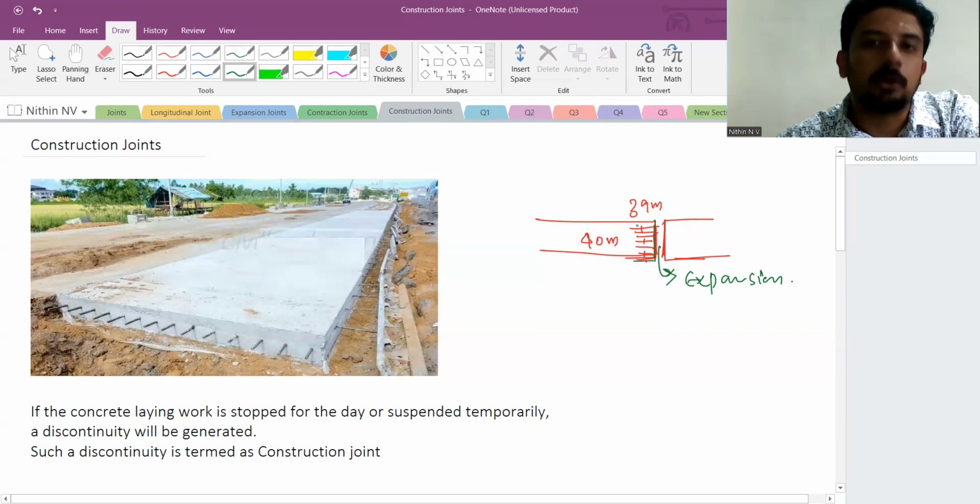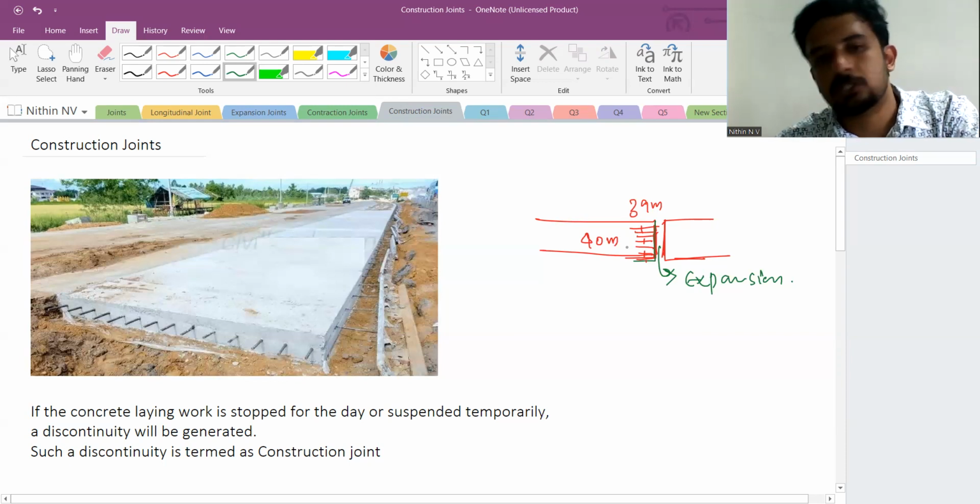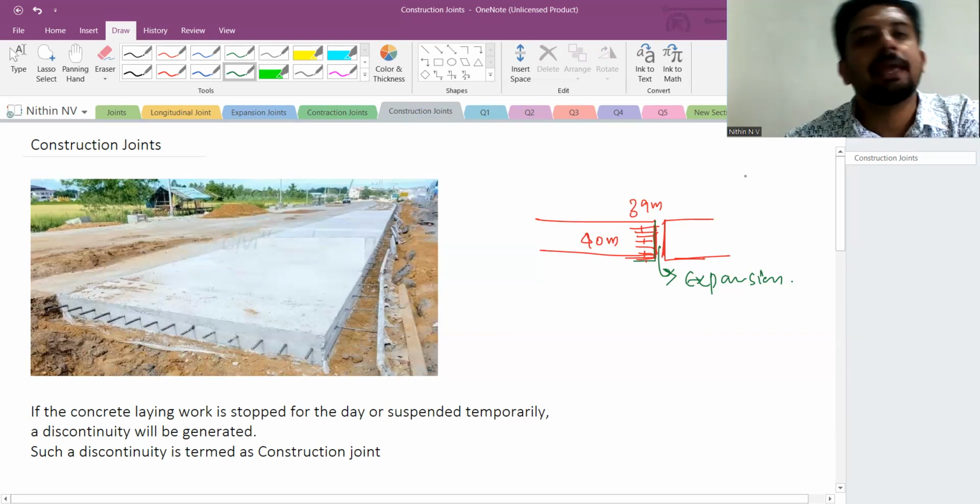So we are not going to mark anything extra on the top view or that image, because the construction joint will try to merge with the expansion joint.